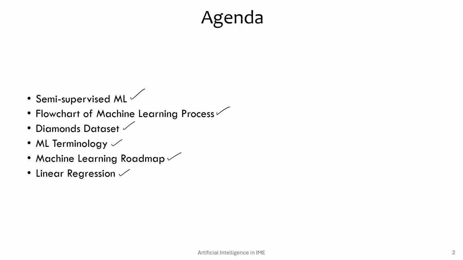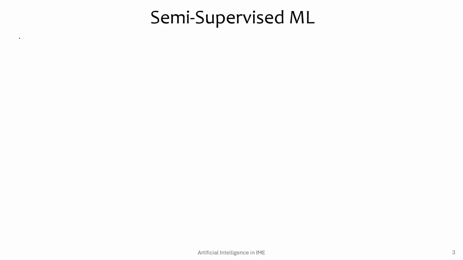Okay. So let's start with semi-supervised learning. So we have already covered what is supervised machine learning and what is unsupervised machine learning. So this is somewhere in between. The core idea for this kind of machine learning is we use a small labeled data and a large amount of unlabeled data.